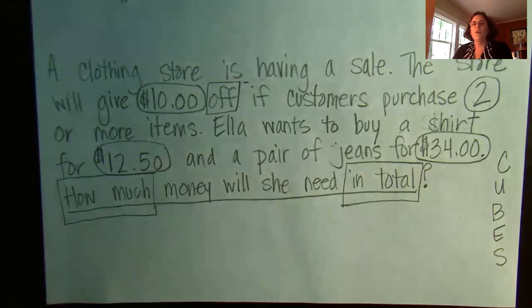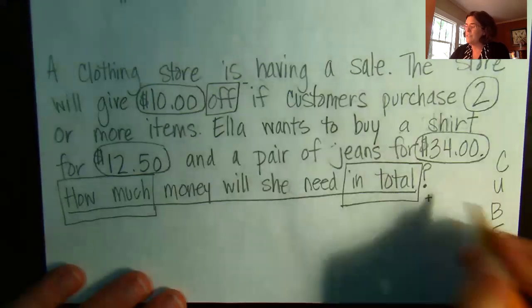All right, so this problem is, again, a multiple step word problem. So let's think about what we need to know in order to answer this question. How much money will she need in total? That key word or key phrase, in total or in all, tells us to add.